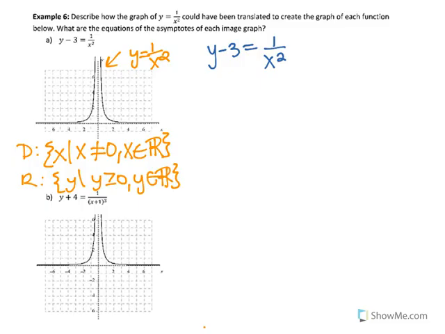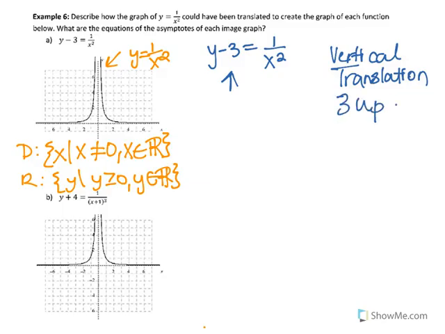Okay, so now let's transform it. We have a k value of positive 3, so we are doing a vertical translation, and we're going to be going 3 up. So that is going to change my horizontal asymptote. It is not going to change my vertical asymptote.